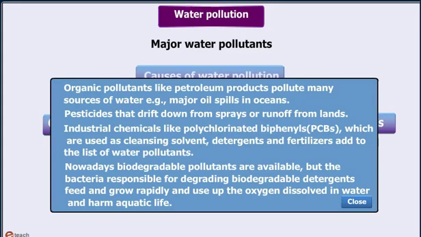Nowadays, biodegradable pollutants are available, but the bacteria responsible for degrading biodegradable detergents feed and grow rapidly and use up the oxygen dissolved in water and harm aquatic life.